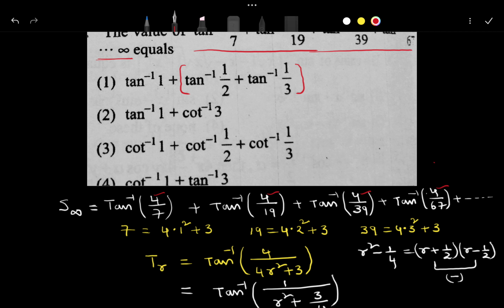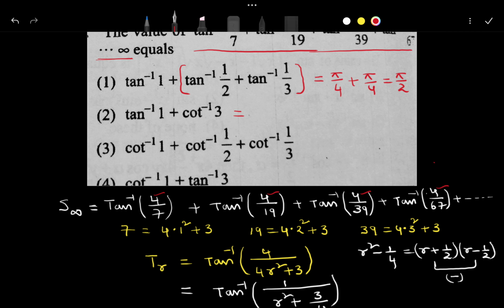Plus tan inverse 1, which is nothing but pi by 4. So this value will be pi by 4 plus pi by 4. So the answer will be pi by 2.